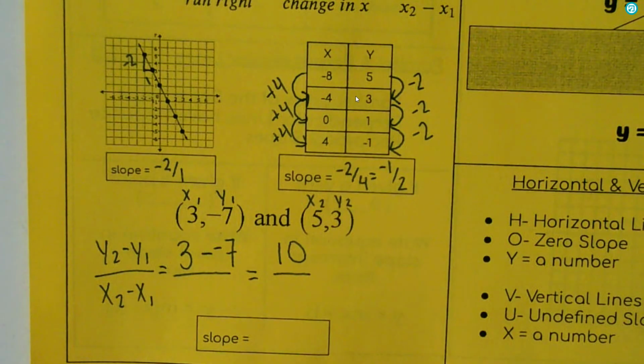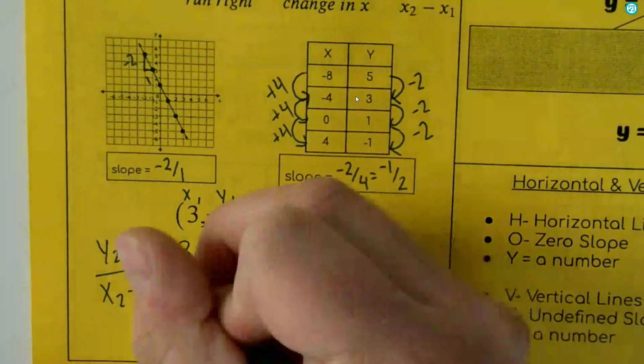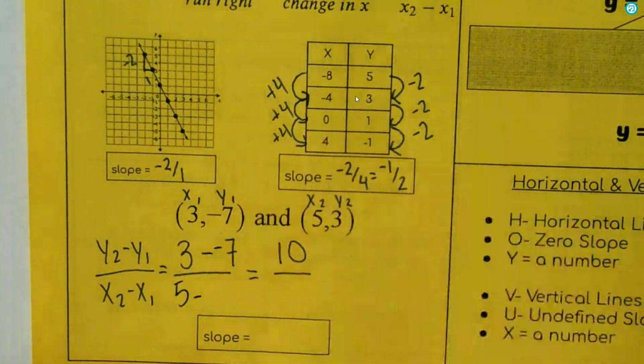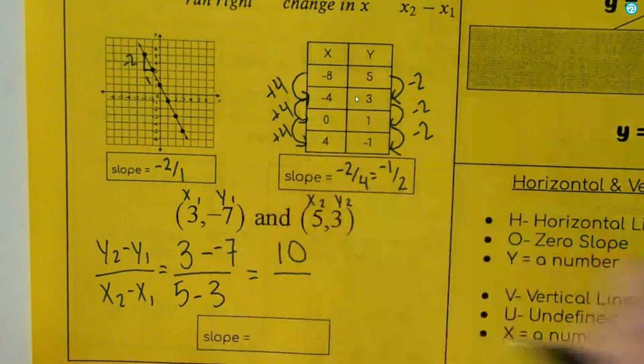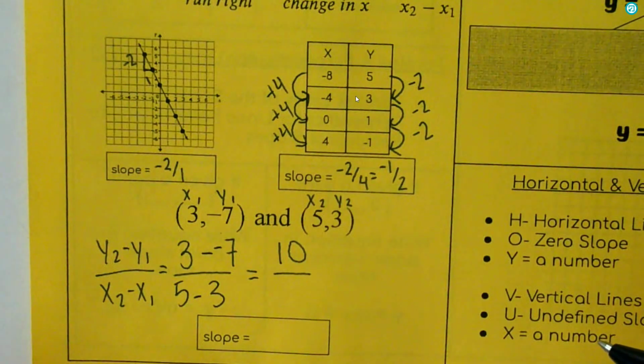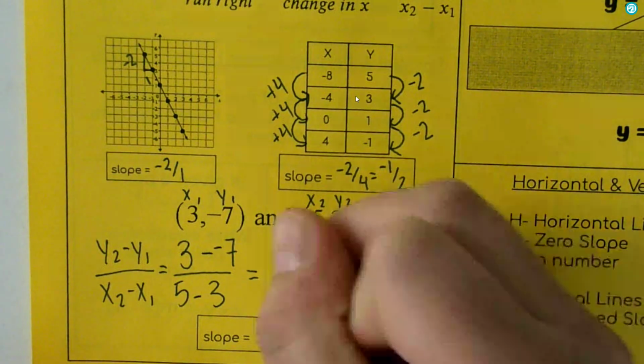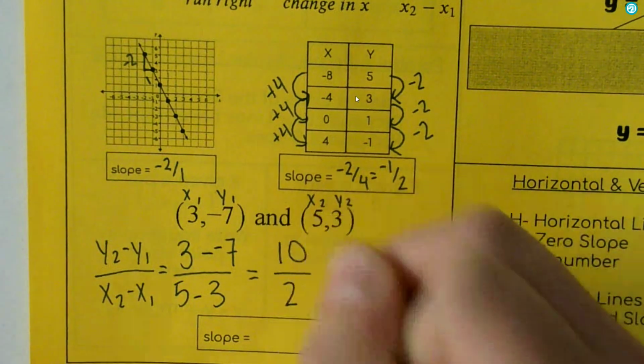Okay, on the bottom, we're going to do x2 minus x1. What is my x2 value? 5. Thank you, Kristen. Somebody else, what is my x1 value? What is my x1 value? 3. Thank you. Okay. So there's no 2. So 5 minus 3 on bottom. So that's x2 minus x1. Then 5 minus 3 is 2.